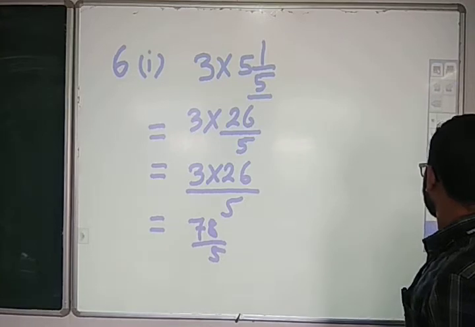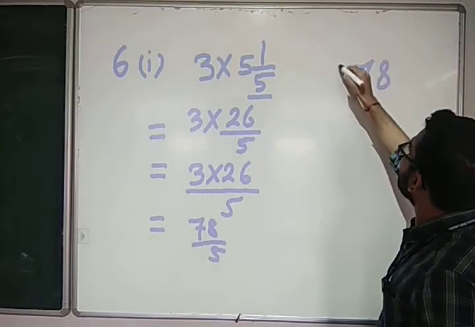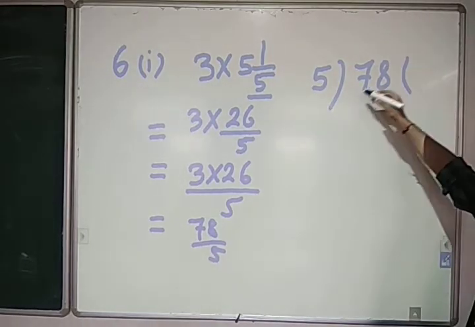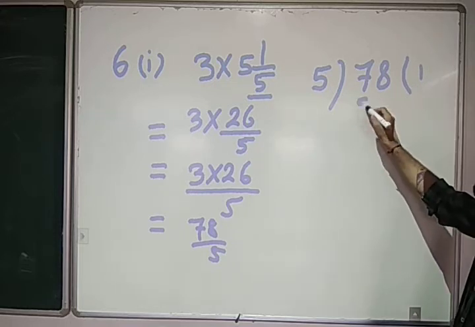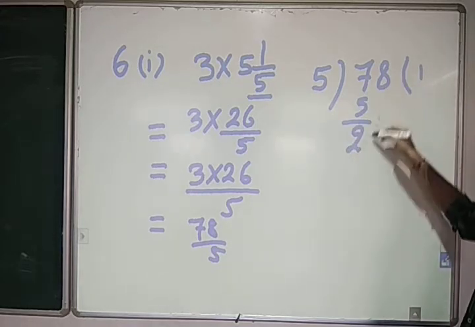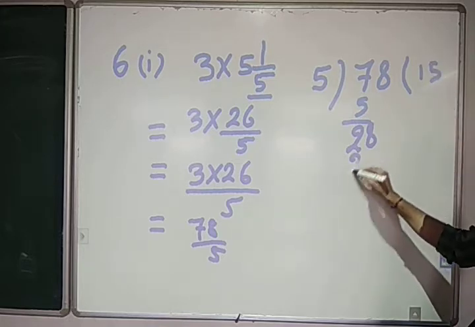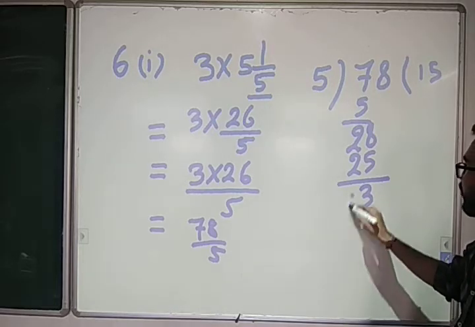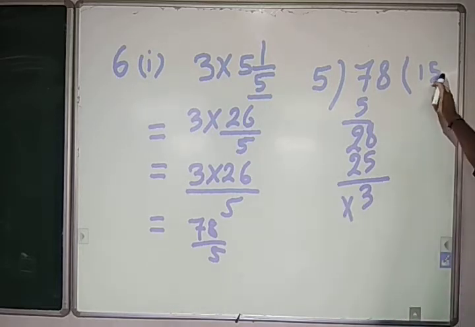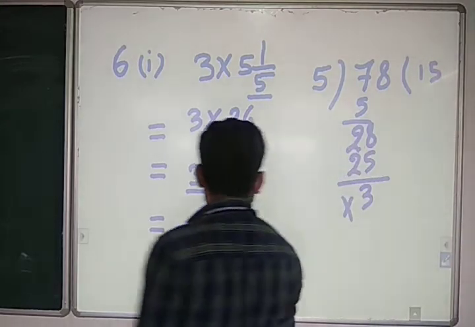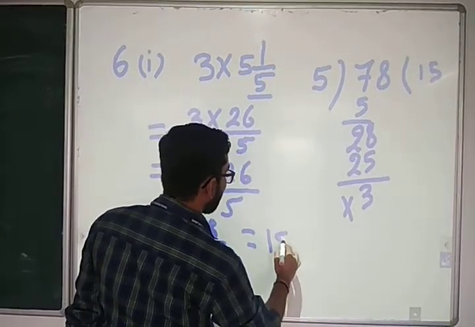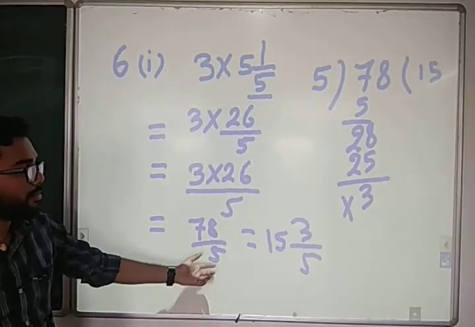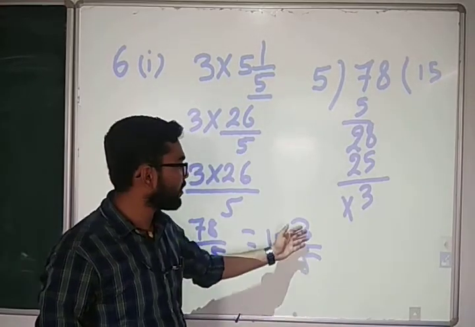So here we will divide 78 by 5. 5 1s are 5, it becomes 2, 8; 5 5s are 25, 28 minus 25 is 3. So it will be written like that, 15 integer 3 upon 5. So 78 upon 5 is written like that, 15 integer 3 upon 5.